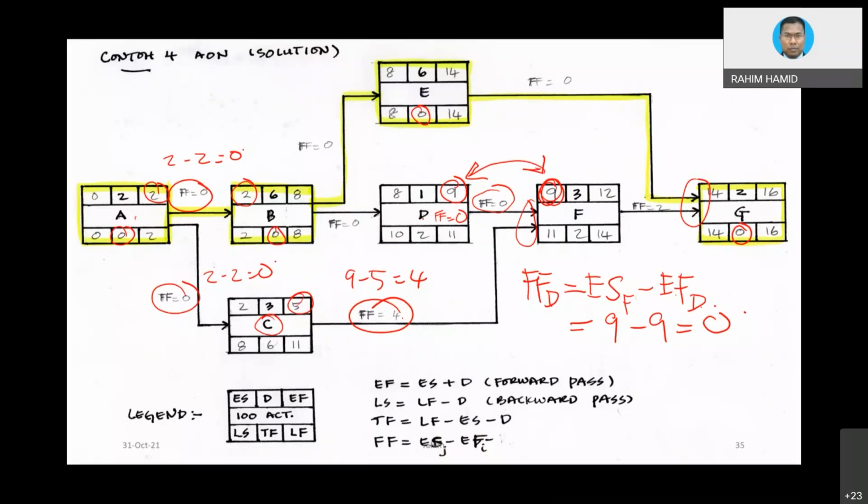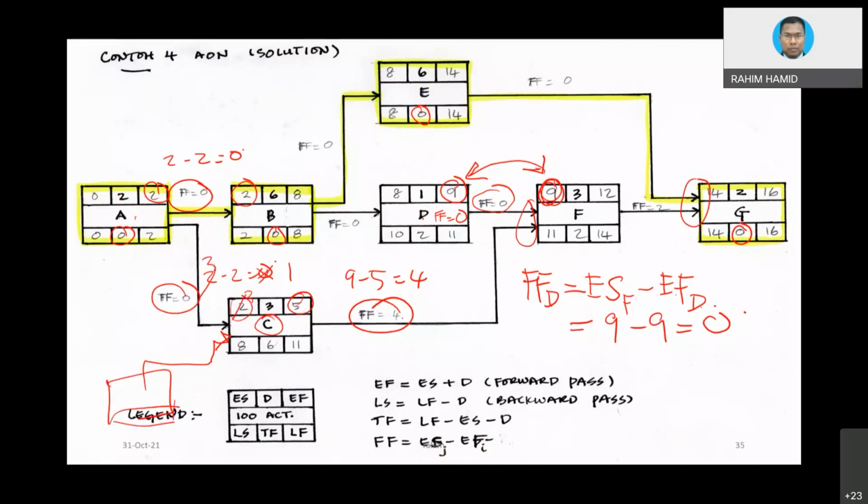Let's say this one starts at, I don't know, maybe because the connecting activity could be coming from another activity. That could be the scenario. Maybe let's say 3. Then 3 minus 2 equivalent to 1. But for free float, there must be only one value for one particular activity.